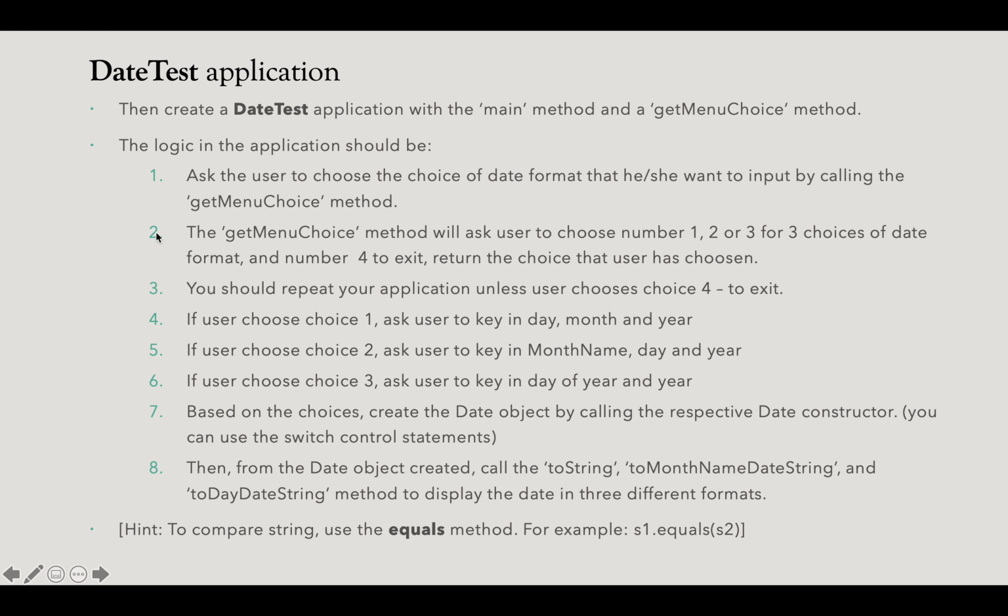The get menu choice method will ask the user to choose the number 1, 2, or 3 for 3 choices of date format. The number 4 is to exit the program, so you return the choice that the user has chosen. So this method will actually return the number that the user has chosen. You should repeat your application unless the user chooses choice 4 to exit the program, right?